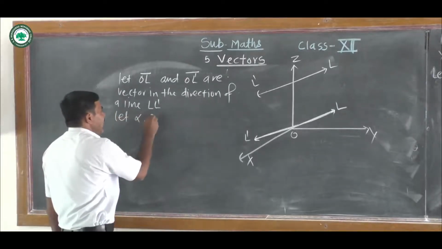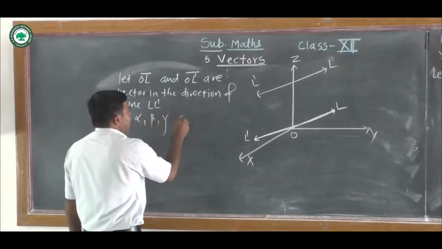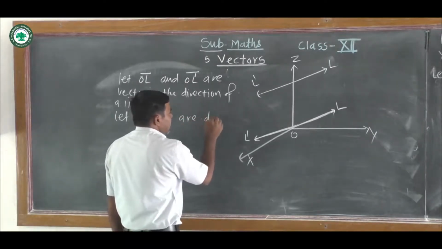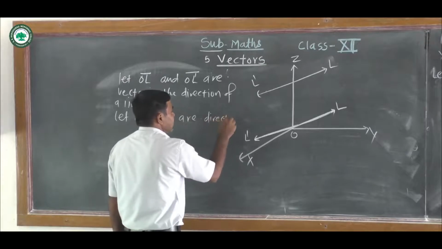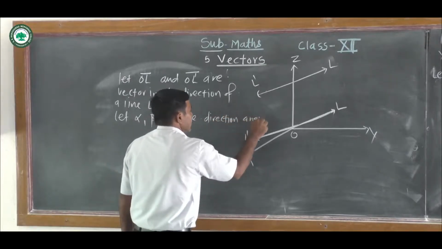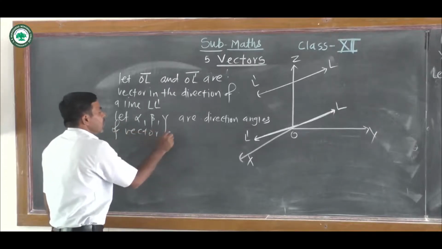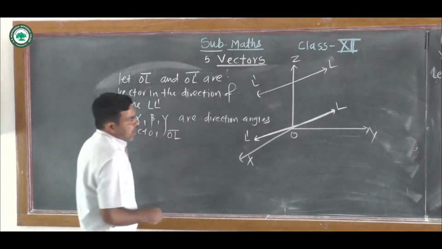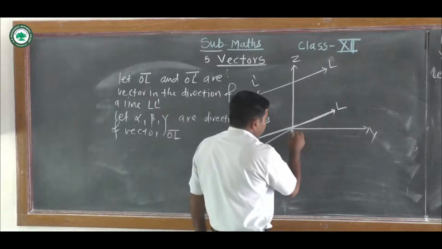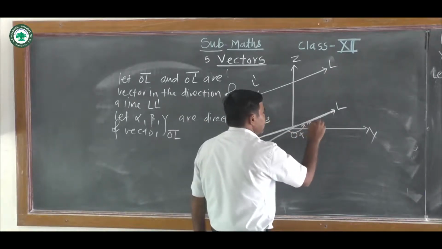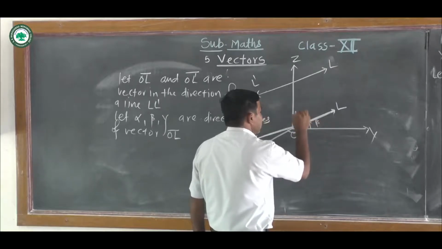Let alpha, beta, gamma be the direction angles of vector OL. Means this angle is alpha, this angle is beta, and this angle is gamma.